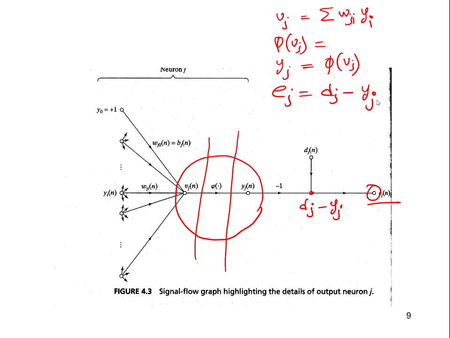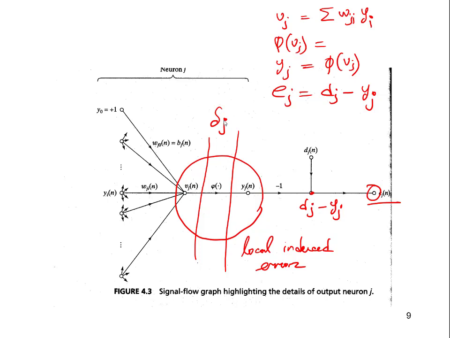So let's dig down. This neuron can have a local induced error. What could be the local induced error? We can denote it as delta j.